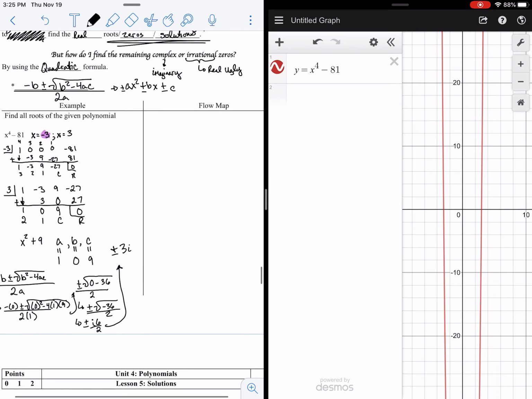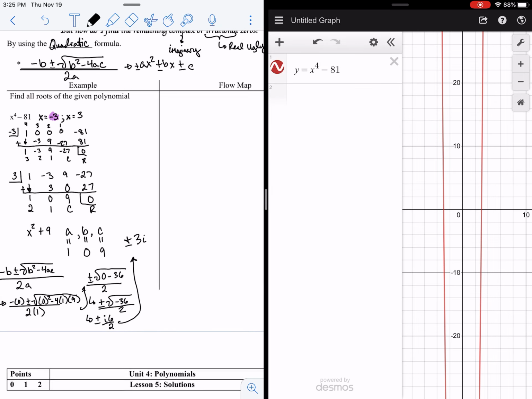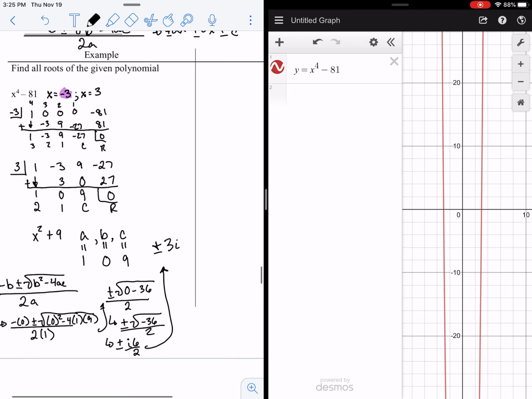What you can now do with this is put this back into your original equation. So x to the fourth minus 81. So 3i to the fourth minus 81. 3 to the fourth power is 3 times 3 times 3 times 3, which is 81. i to the fourth minus 81. But because this i to the fourth is here, I have to simplify i.